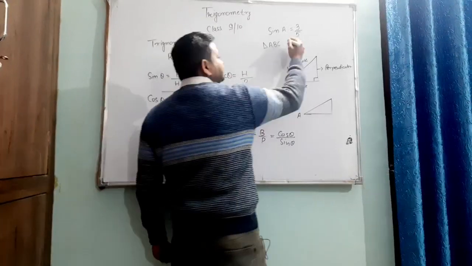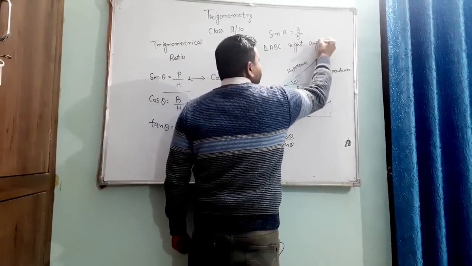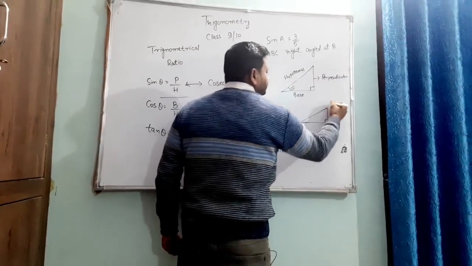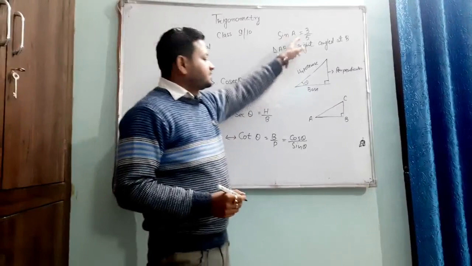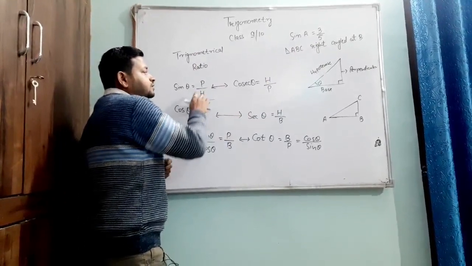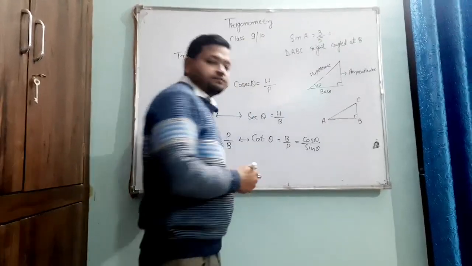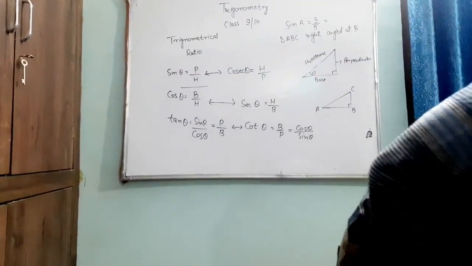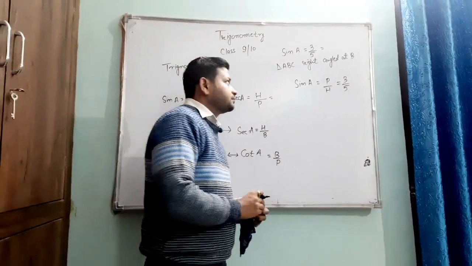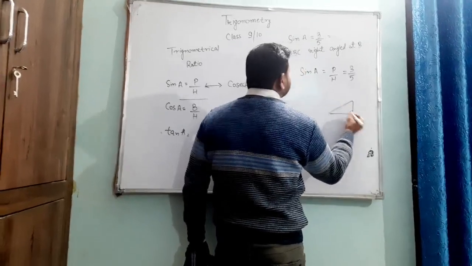It is a right angle triangle ABC, right angled at B. So B will come here where we make the 90 degree angle, and there will be C. In the question we are given a triangle ABC right angled at B, sin A is equal to 3 by 5.